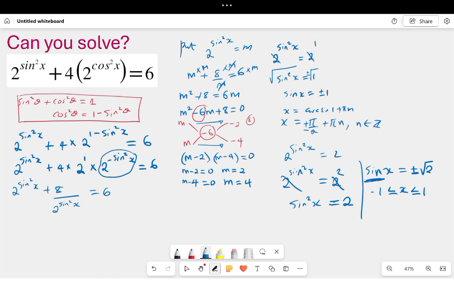So the answer for this is way beyond the required range, and therefore the only solution that makes sense is when x is equal to plus or minus pi over 2 plus pi n, depending on the number of periods, whereby n is all the integers.